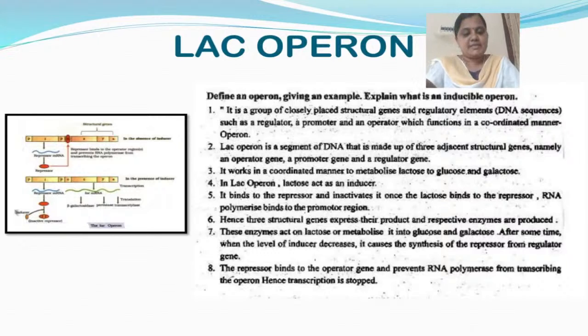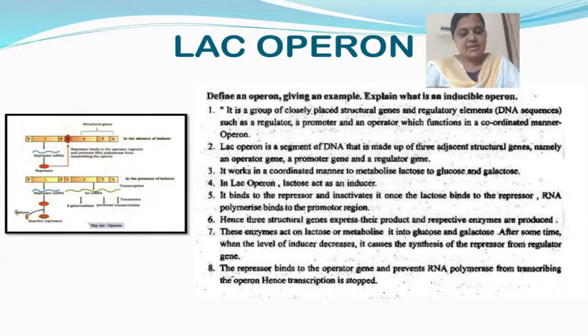If you see this diagram, first is the absence of inducer. Here the inducer is absent, and there is an inactive repressor. The repressor is made from the repressor mRNA, and this repressor binds to the operator gene region and prevents RNA polymerase from transcribing the operon.